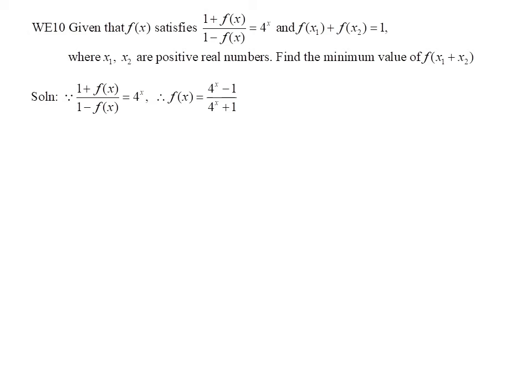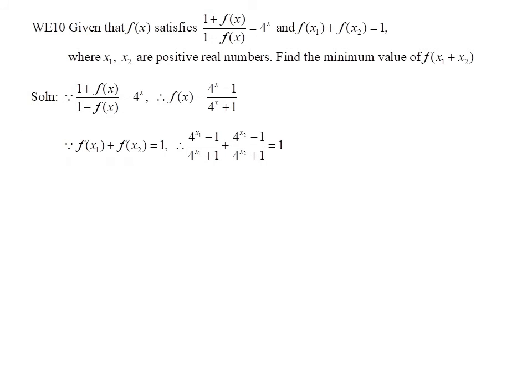According to the given equation, (1 plus f(x)) over (1 minus f(x)) equals 4 to the x. This expression can be transformed to f(x) equals (4 to the x minus 1) over (4 to the x plus 1).